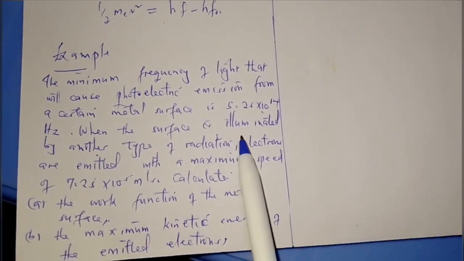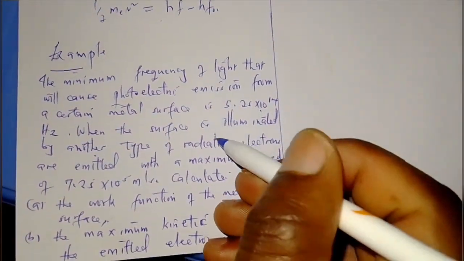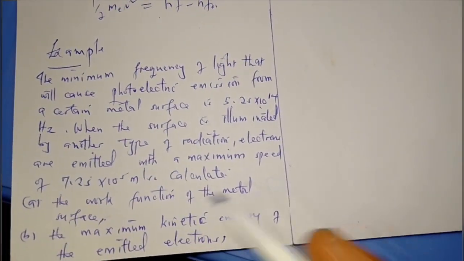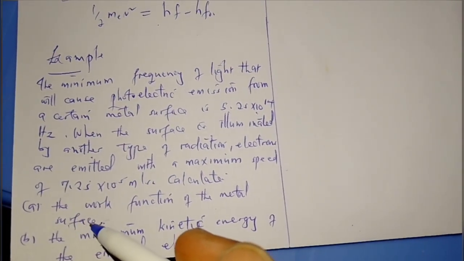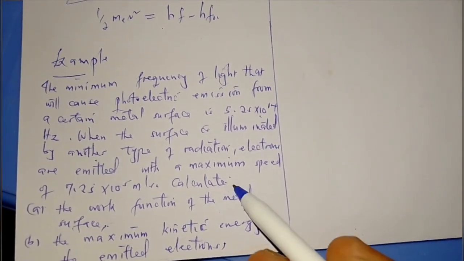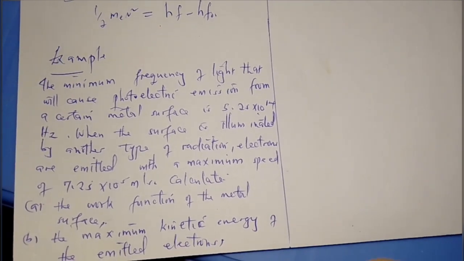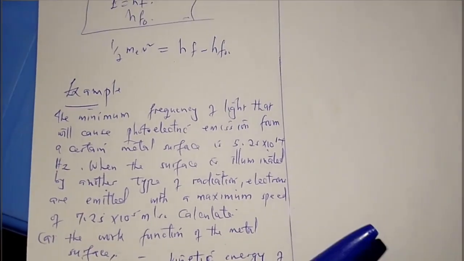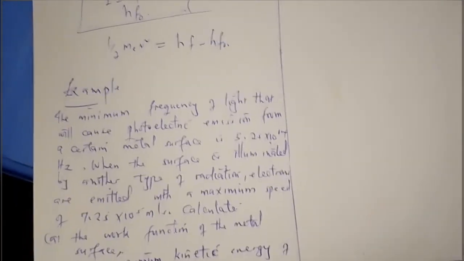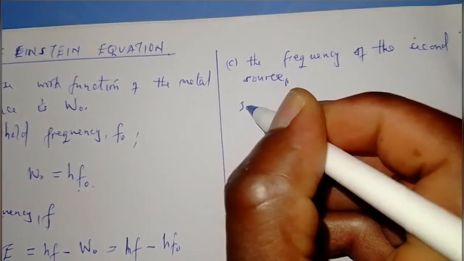When the surface is illuminated by another type of radiation, electrons are emitted with a maximum speed of 7.25 times 10 raised to power 5 meters per second. Calculate A, the work function of the metal surface. So let's work it out. See solution.